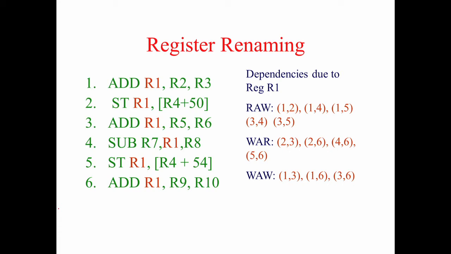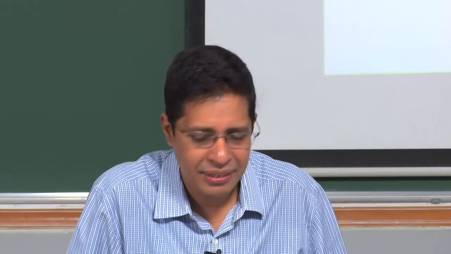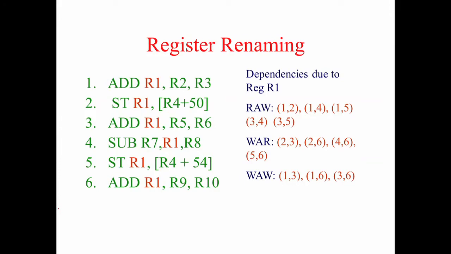We will try to shorten its waiting period by doing operand forwarding, but the subsequent instruction has to wait for the data to complete. That is why we call it a true dependency. I can't do any jugglery and get away with it. On the other hand, let us look at the other two types of data dependencies, namely write after read and write after write.